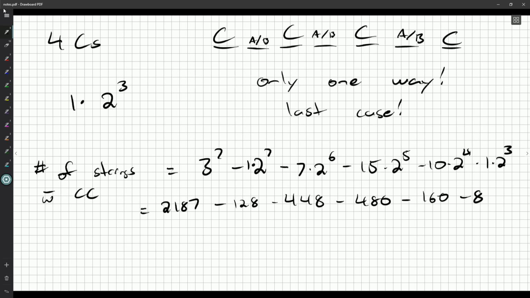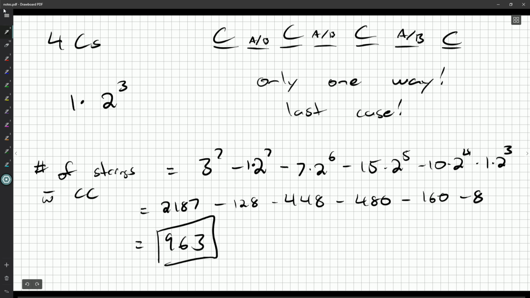So 2187 minus 128 minus 448 minus 480 minus 160 minus 8. 963 different possibilities. So there we go. That's not the nicest looking number. It's a multiple of 9, but I'm happy with the way we did it.